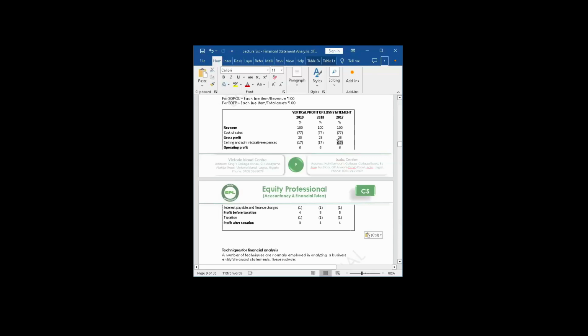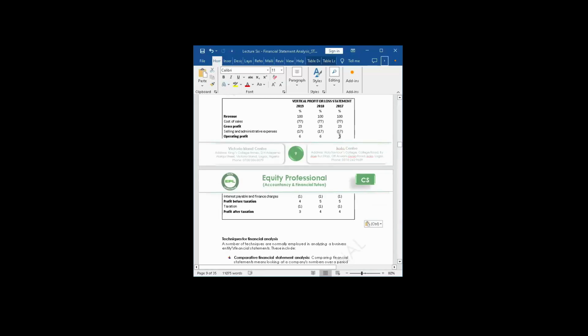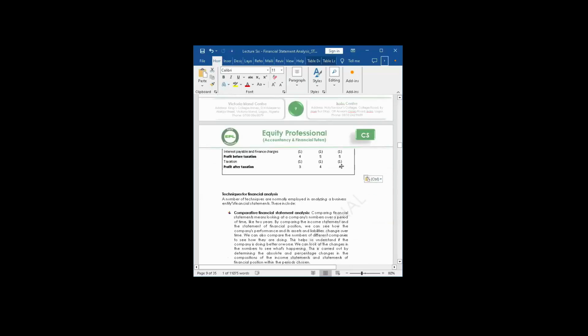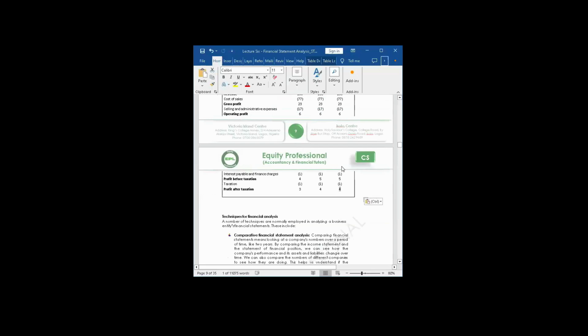For every 100 naira made, 17 naira is always spent on selling and administrative expenses. For every 100 naira made, 6 naira is left, right? After taking care of direct cost and selling and administrative expenses. Again, for every 100 naira made, you can see only 4 naira is left as profit after tax.